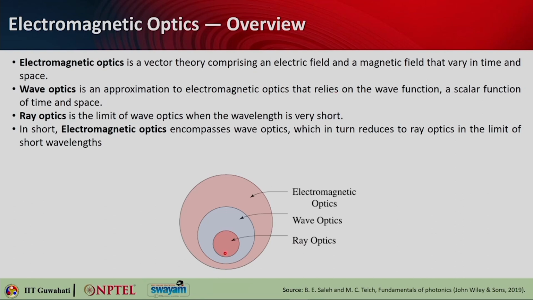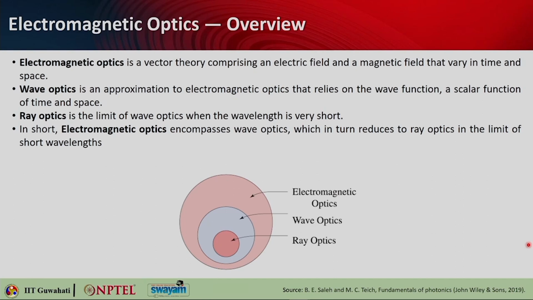Then let's look into ray optics, which is again another limit of the wave optics, where the wavelength is very short. In short, you can say that electromagnetic optics encompasses the wave optics, which in turn reduces to ray optics in the limit of short wavelengths. So there are situations where light has to be treated as a vector.